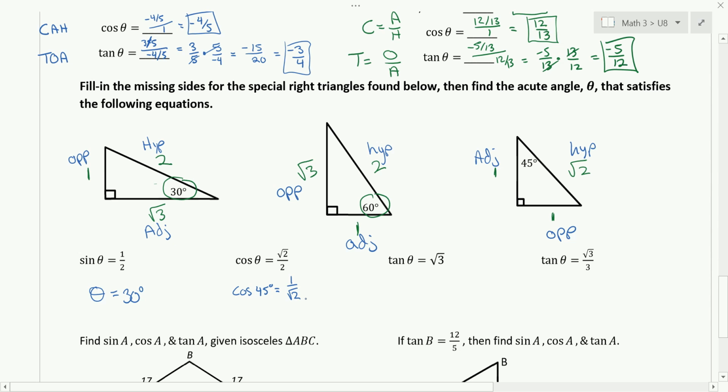But you got to realize that the answers are always going to be in simplified form, meaning when we simplify radicals, we rationalize the denominator. And so we don't leave that square root of 2 there. So if I multiply top and bottom by root 2, I end up with root 2 over 2. And now you can see, yeah, it was 45. So my answer is theta is 45. Okay.